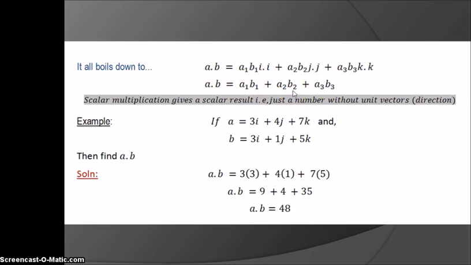So at the end of the day, the whole cumbersome equation has reduced into a1 b1 plus a2 b2 plus a3 b3. So that is the formula for scalar product or dot product of two vectors.